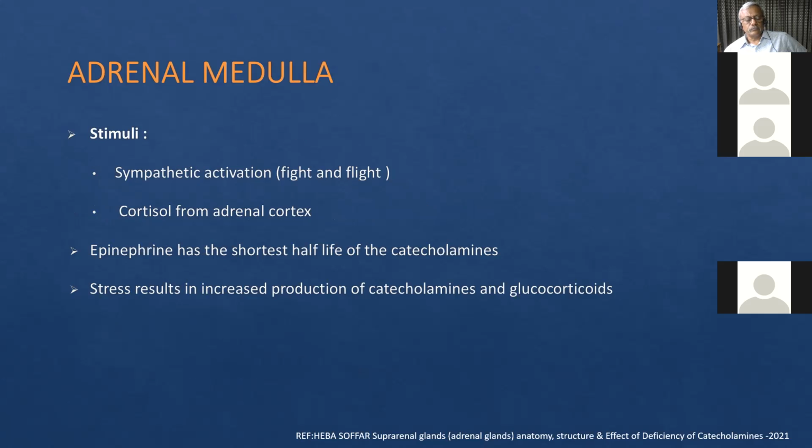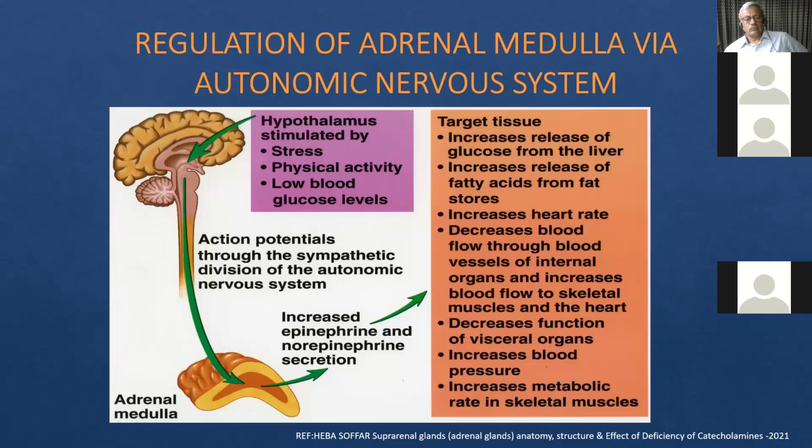During stress conditions, there is increased production of the catecholamines and the glucocorticoids. During stressful conditions like any physical activity or low blood glucose levels, the hypothalamus is stimulated and it produces action potential and sympathetic from the ANS system, and it stimulates the adrenal medulla, and it increases the production of epinephrine and norepinephrine secretion.